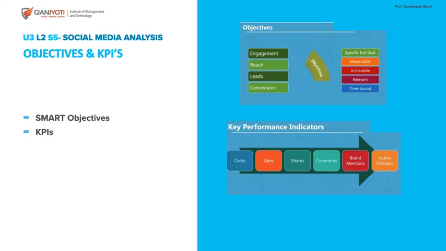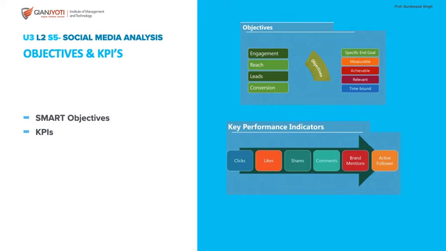Now when we talk about the KPIs for your control, you may be looking at indicators like clicks: how many people have clicked, how many people have liked, and how many people have shared that. So it is at the next level because they really like something and they want to share that with their friends, family. So they are more engaged, they are more involved, and the actual involvement comes when they start writing comments.